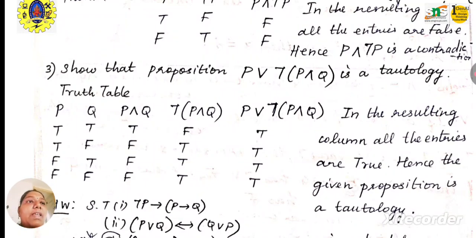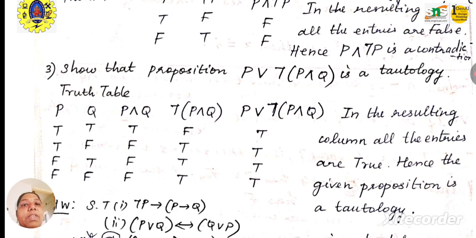Here they have given two statements, p and q, so our formula is 2 power n, 2 squared, which is 4. So we fill 4 values for p and q. p is true, true, false, false, and q is true, false, true, false. So p and q gives true and true, true; true and false, false; false and true, false; false and false, false.